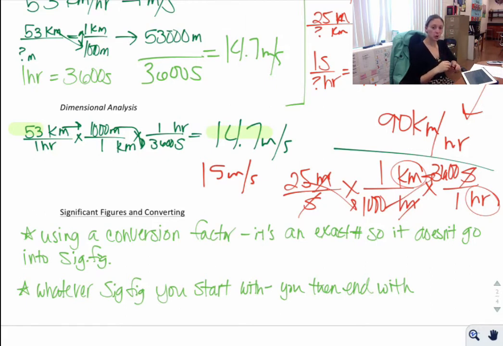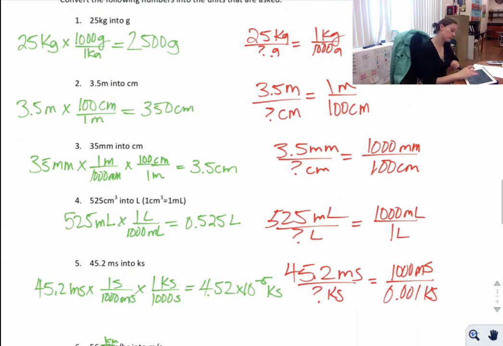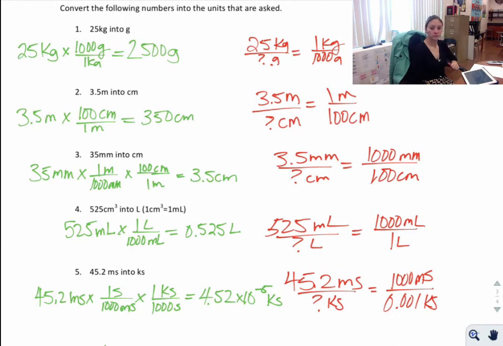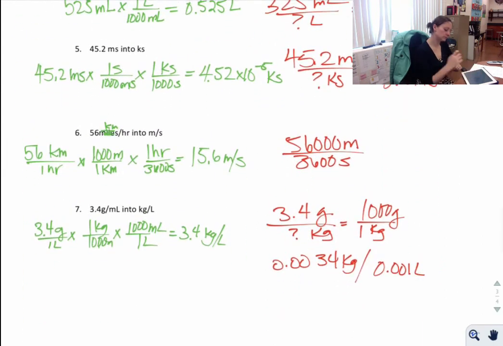Okay, so go ahead, pause it, try some, check your answers. And with these, there are just 2 different ways to do the same thing. It does not matter which way you go. You'll come to the same conclusion or get the same answer.